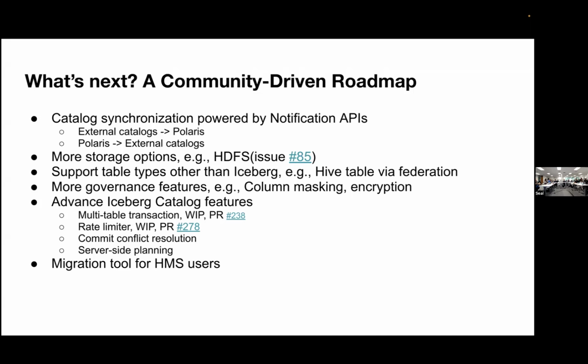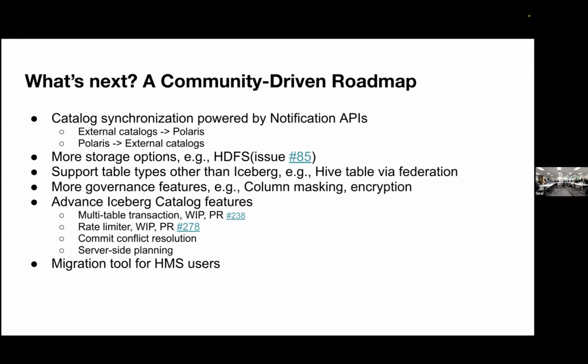Then we can support other data types, like type or even like volume, right? And more data governance features, which is quite a common request from catalog users. Lineage was already discussed a little bit, and column masking and encryption.